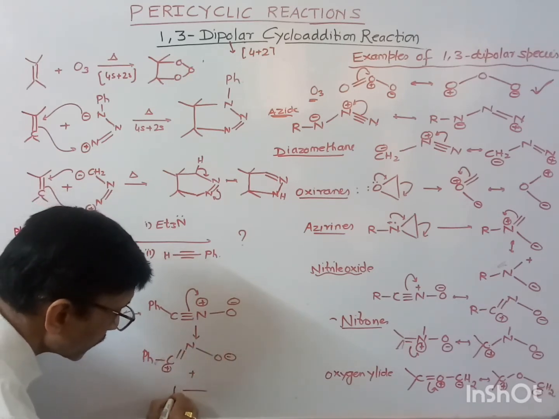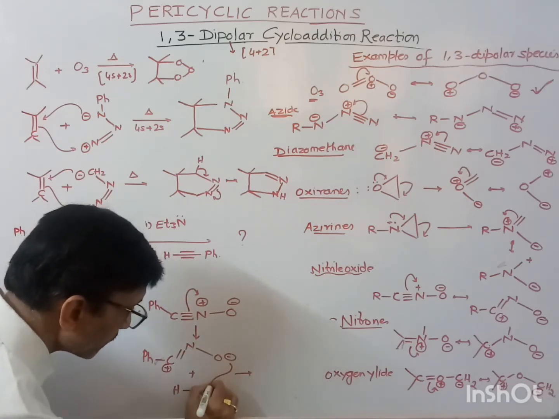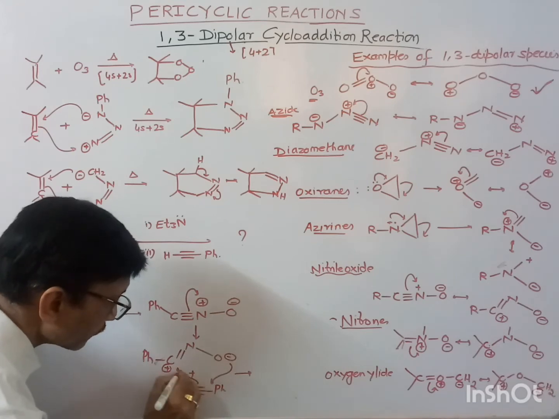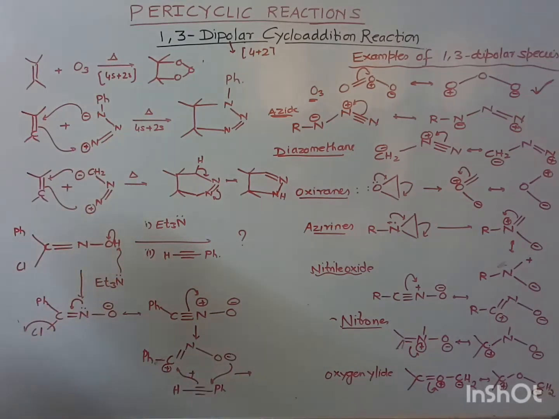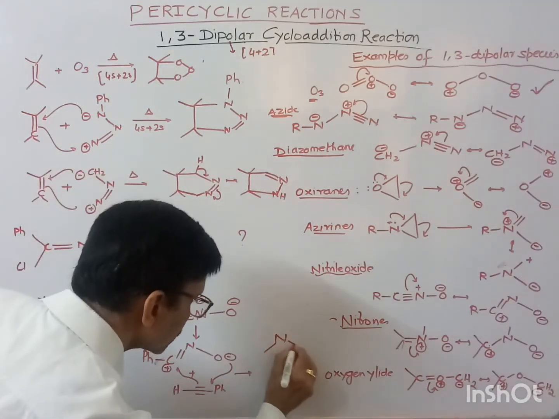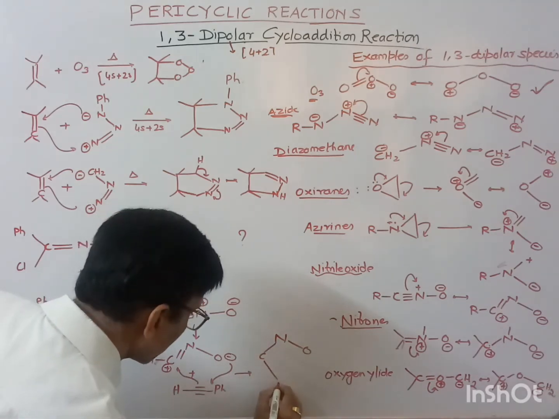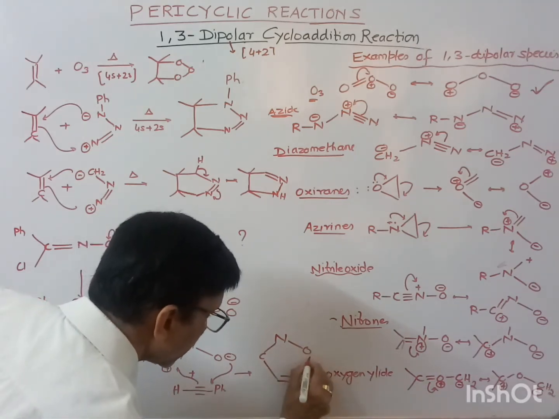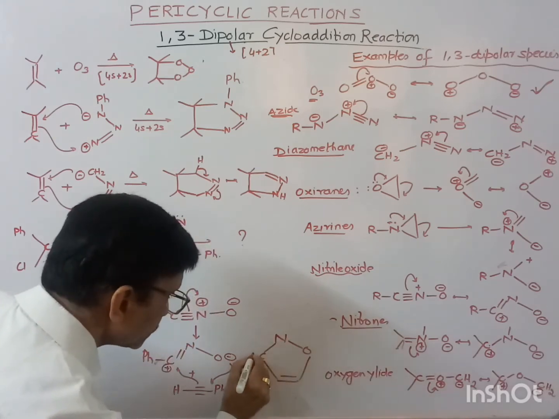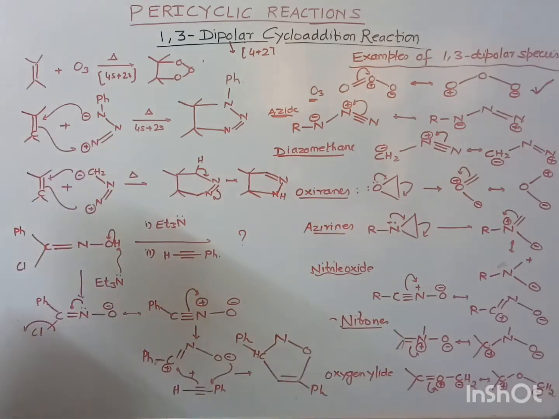Now this will be formed. Here we are getting a 5-membered heterocyclic ring, and this is one of the products which is possible.